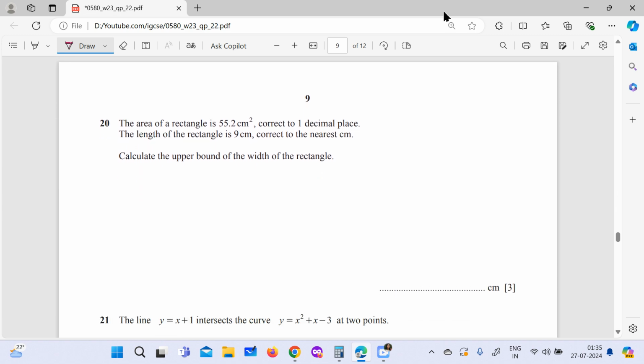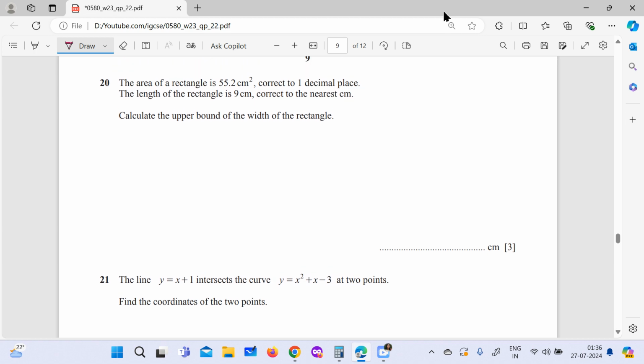Yes, the next question is, the area of a rectangle is 55.2 centimeter square, correct to one decimal place. The length of the rectangle is 9 centimeter, correct to the nearest centimeter. Calculate the upper bound of the width of the rectangle. Area of the rectangle is given here already, correct to one decimal place, and we are given the length to the nearest centimeter, and then we need to calculate the upper bound.